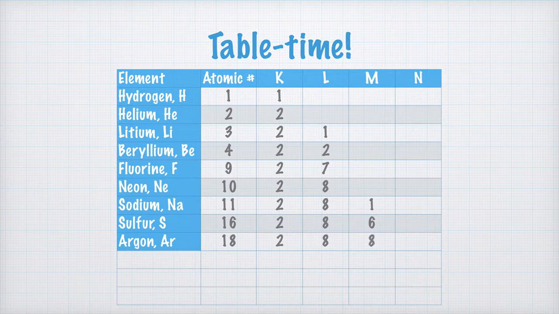If we take the next element in the periodic table, it will be potassium with the atomic number 19. As usual, 19 protons in the nucleus and then 19 electrons to distribute. 2 in the K shell and 8 in the L shell, and then both of those shells are full. We now have 9 electrons left to distribute, but how do we do that?